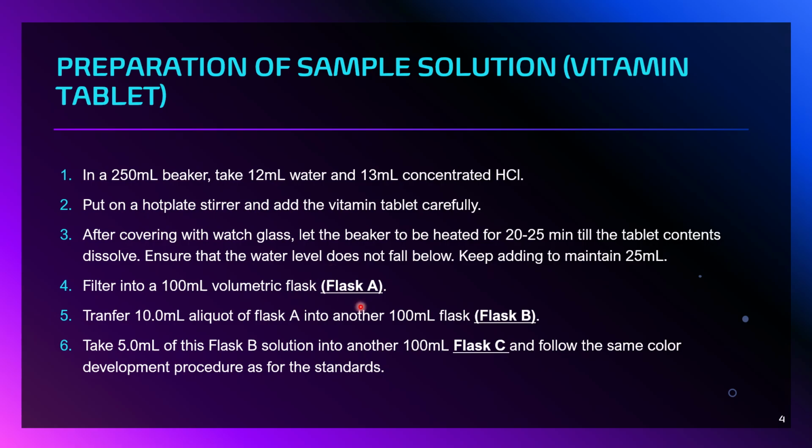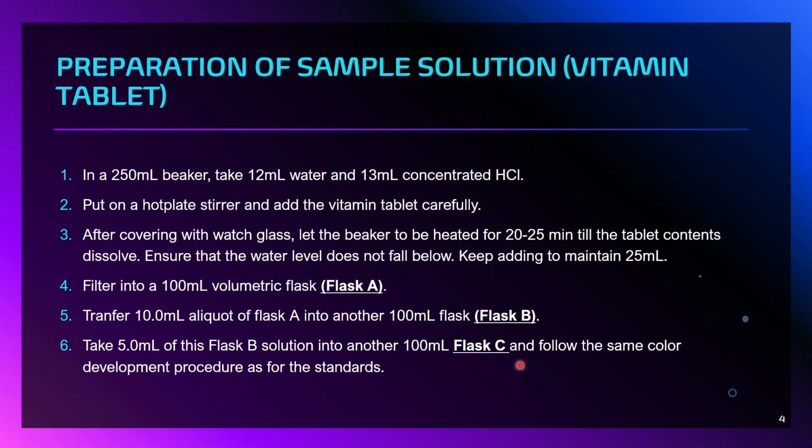You should label it as flask A with a permanent marker, and then take 10 ml of solution from flask A and make up into another 100 ml volumetric flask. This will be called flask B. Now you can take 5 ml from flask B into another 100 ml volumetric flask.